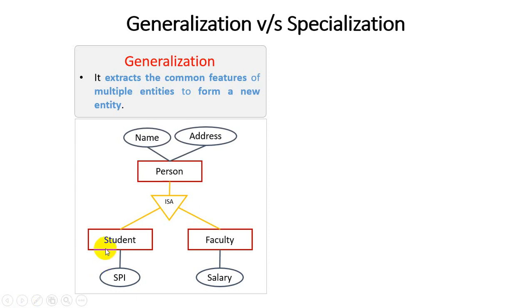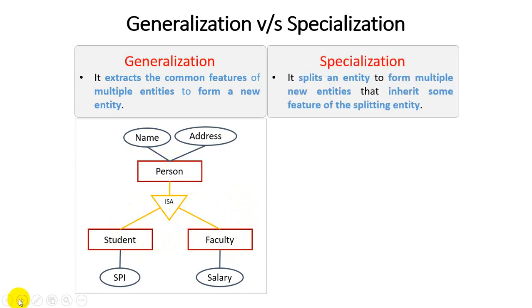A student and a faculty are both a person, so we find some common entities with the help of two different entities. It is known as the generalized concept. And person has a name and address, so both attributes are combined from the student as well as the faculty, because a student has a particular name as well as an address. Same thing, faculty has a particular name and a particular address. We can say that a common entity is matched with the person, and that's why we call it a generalized concept.